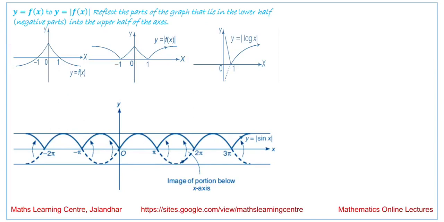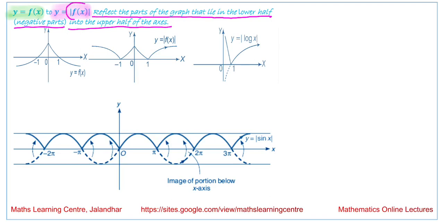Next, if a function y is equal to f of x is given and we have to plot the graph of y is equal to mod of f of x, the procedure to draw this graph is to reflect the parts of the graph that lie on the lower half, the negative parts, into the upper half of the axis, because it is mod.